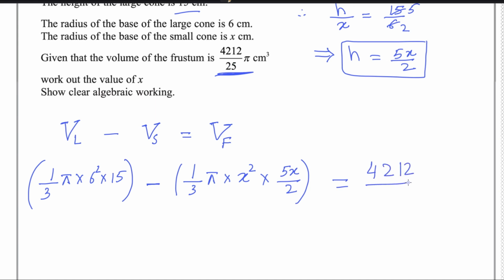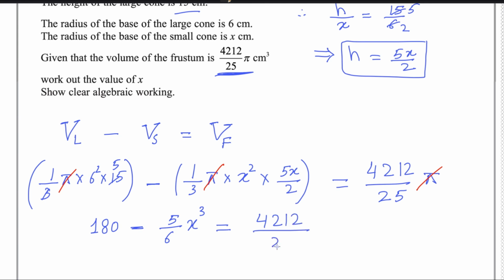4212 divided by 25, and here is pi. We can cancel out pi throughout because pi is everywhere here, so you can divide by pi. Pi is cancelled out. So now we can simplify more easily. 3 is cancelled with 15, 5 and 36. 36 multiplied by 5, the answer of this bracket is 180, minus x squared multiplied by x, which is x cubed, and it will be 5 over 6 x cubed, equal to 4212 divided by 25.